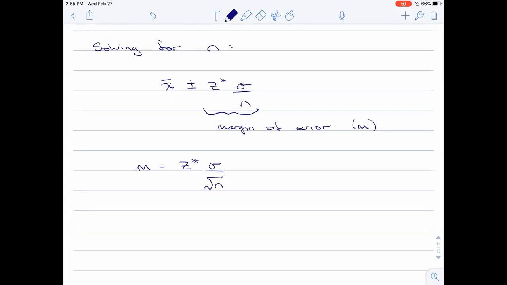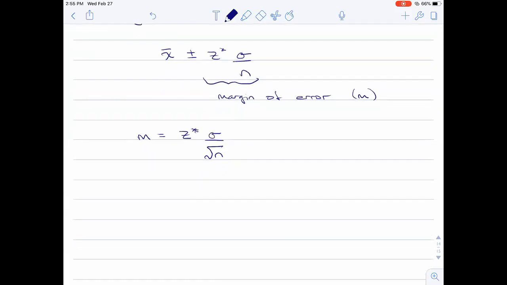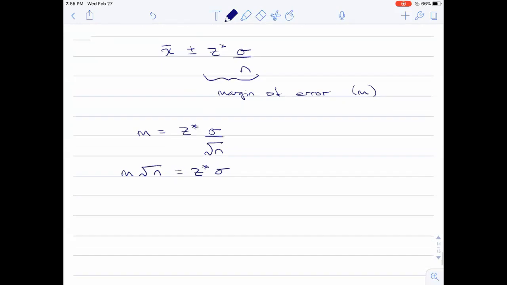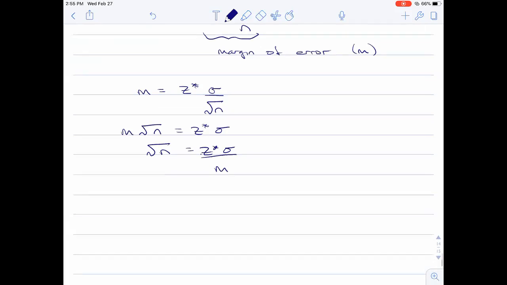If we have to solve for n here, we're going to multiply both sides by the square root of n. So you have m times the square root of n is z star times sigma. Trying to get n on its own, we have to divide both sides by m. Square root of n is z star times sigma over m.